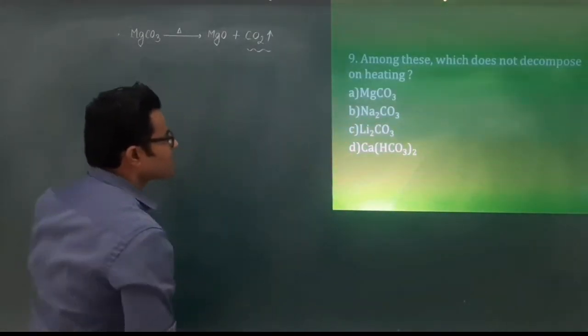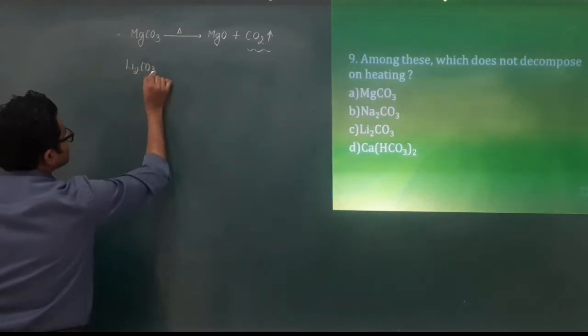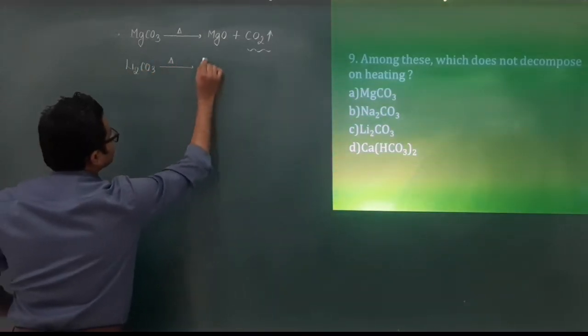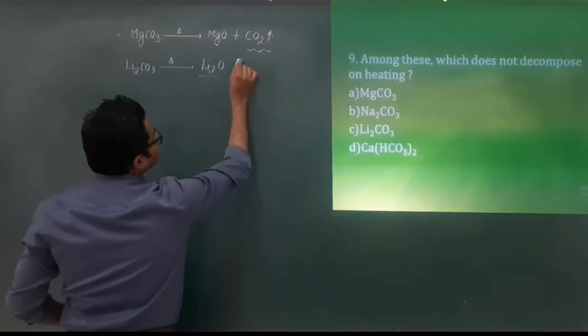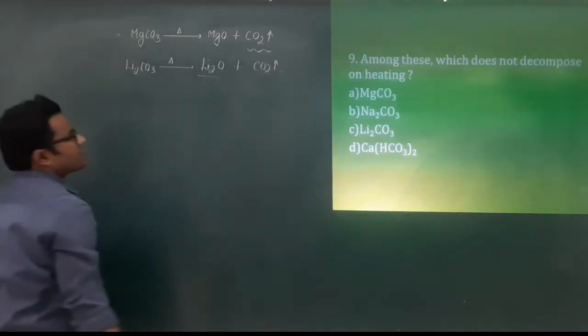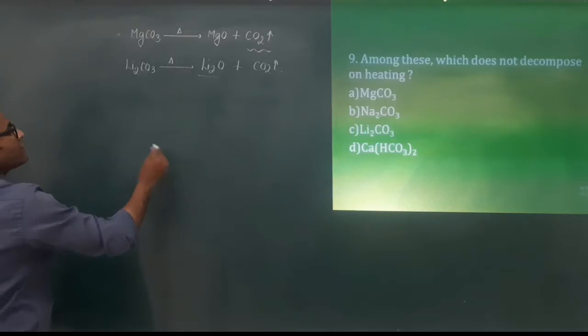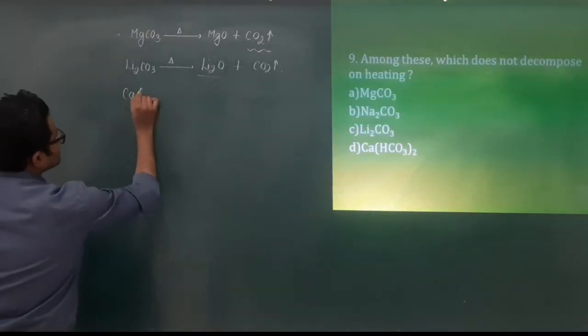Now let's observe lithium carbonate. Lithium carbonate upon heating forms Li2O, lithium oxide, plus carbon dioxide gets ejected out. Of course, the same holds true for calcium hydrogen carbonate.